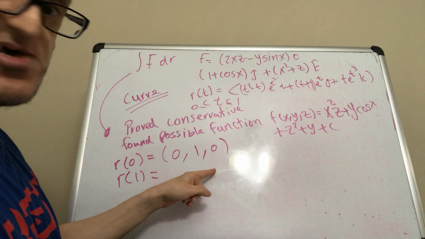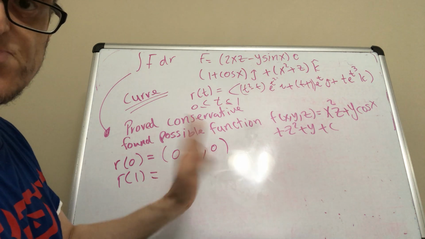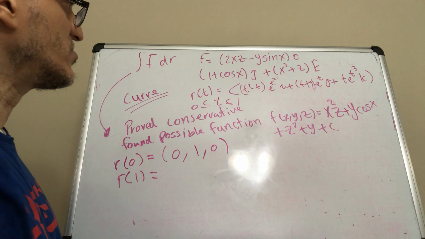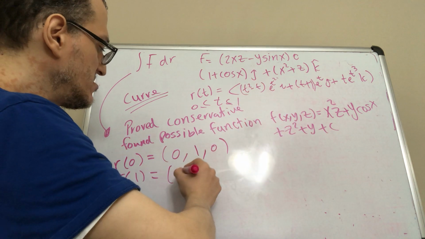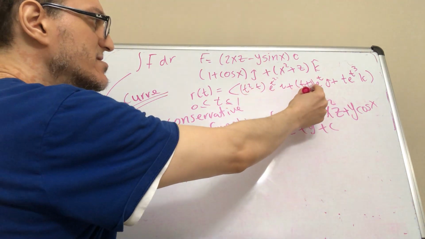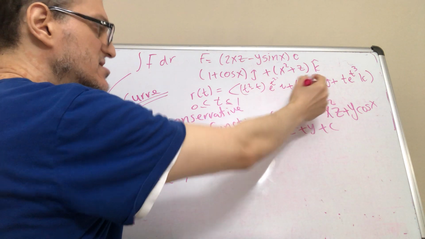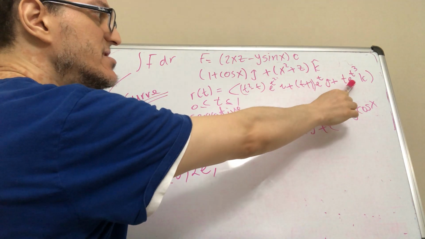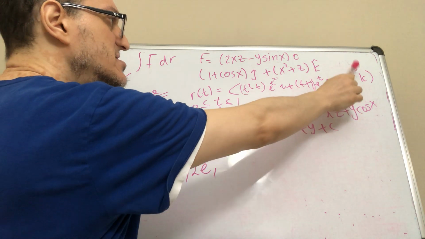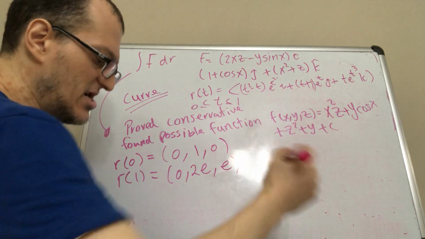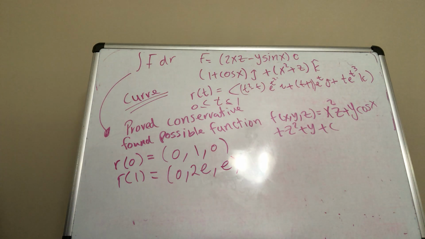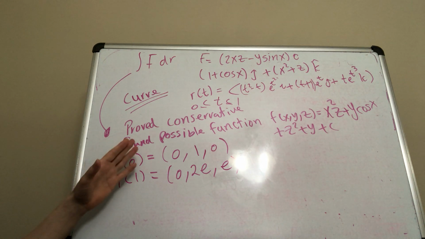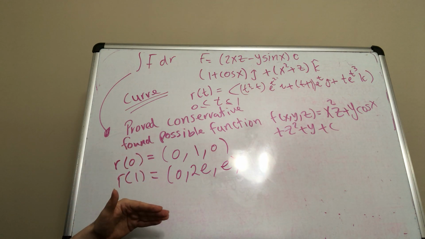If this is the same point, then the integral is 0. Let's see. Plug in 1. 1 gives us 0. 1 gives us 2 times e to the 1, so 2e. And 1 here gives us 1 times e to the 1, so e. So obviously it's two different points. So it doesn't start and end at the same point.